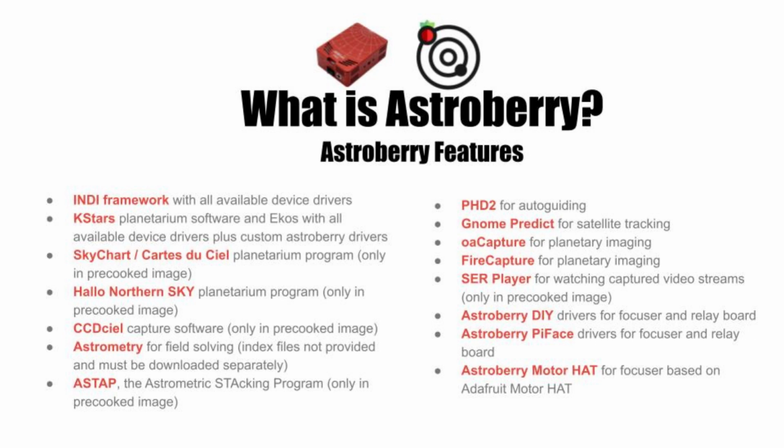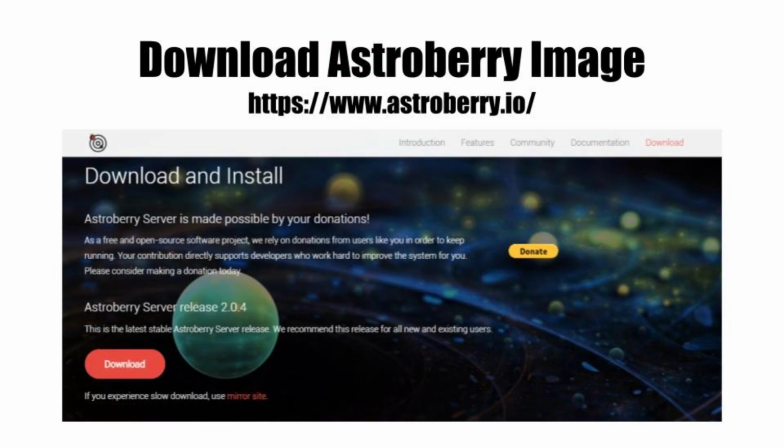These are pieces of software that you can install on many types of different devices. However, Astroberry has them all available, all together, and ready to use. Another advantage of using Astroberry is that the operating system is completely unlocked out of the box. So if you want to install some additional tools that aren't on this list and you're Linux savvy, you can remote in and install those tools as well.